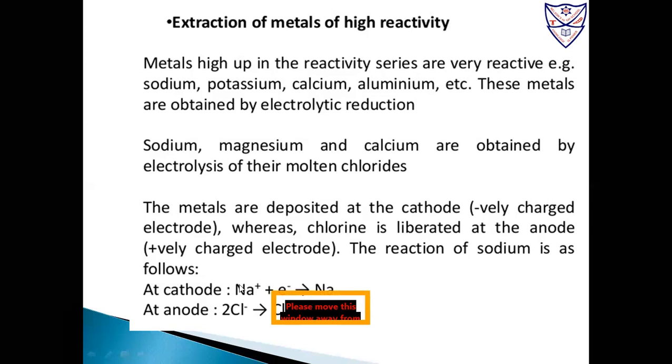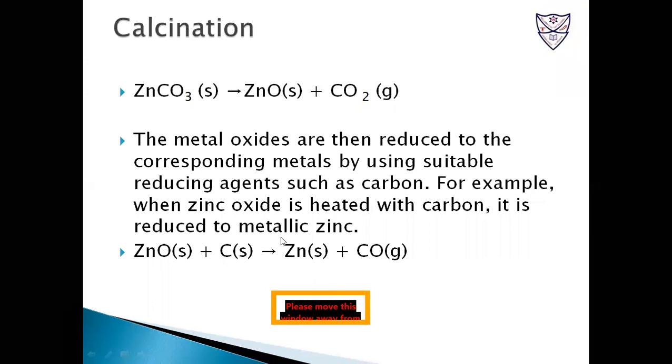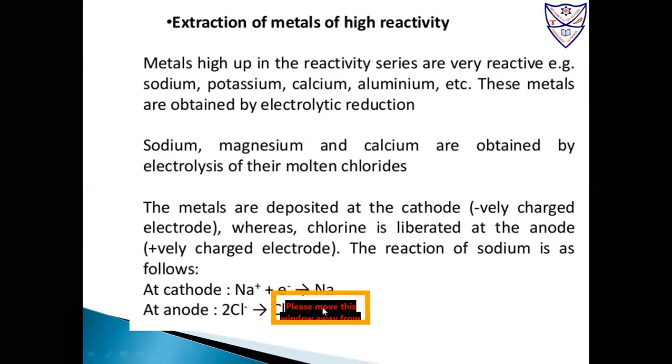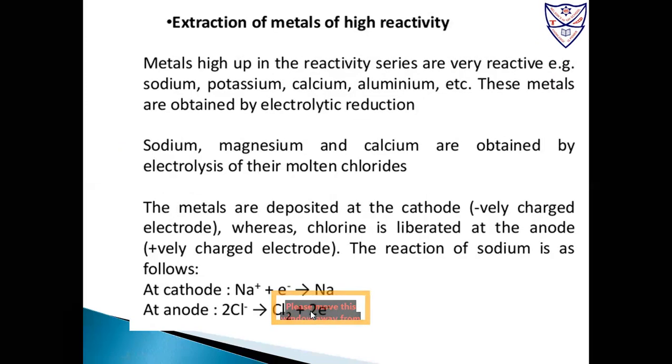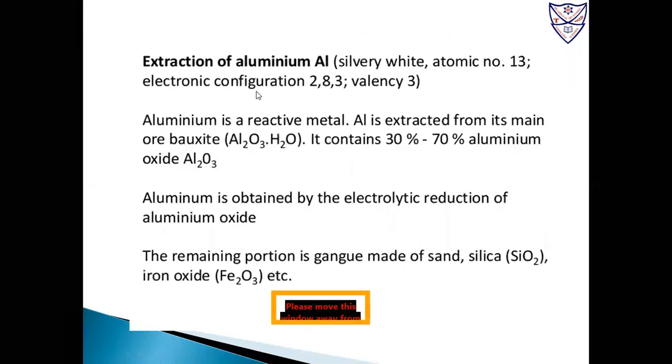So Na plus plus electron gives Na, and 2Cl minus gives Cl2 plus 2 electrons. How will you know? Because chlorine is in diatomic molecules, so Cl is in the form of Cl2, and 2 electrons are released. This one you have to learn.